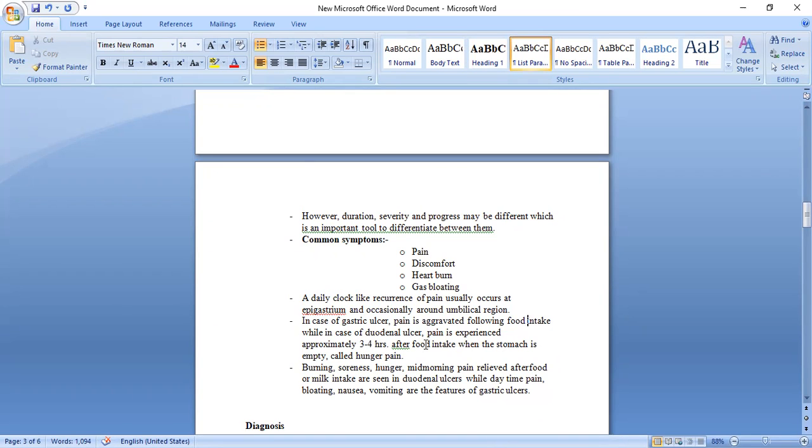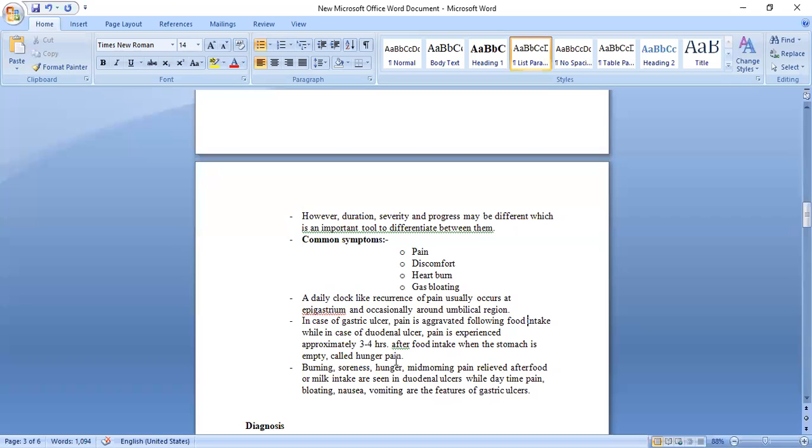While in case of the duodenum, pain is experienced approximately 3-4 hours after the food intake. This is called a hunger pain. After 3-4 hours you may be hungry, and this is called hunger pain. This is the duodenal ulcer.